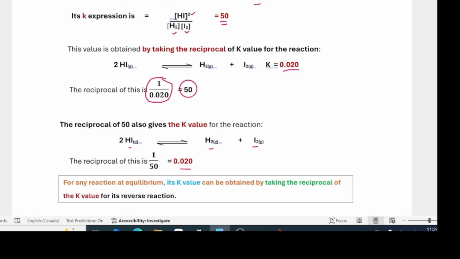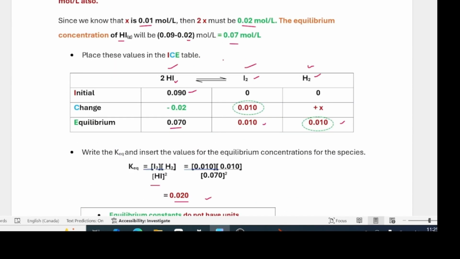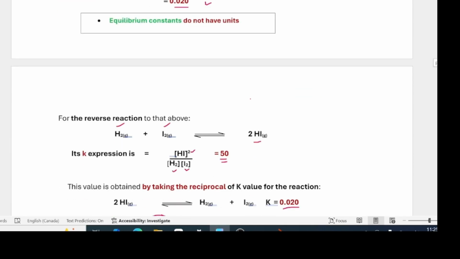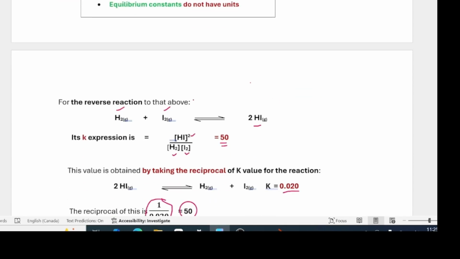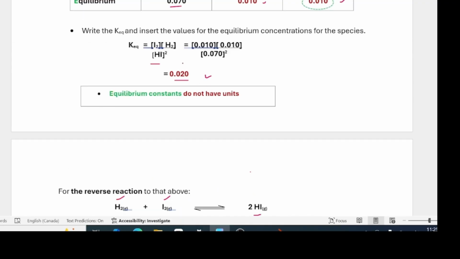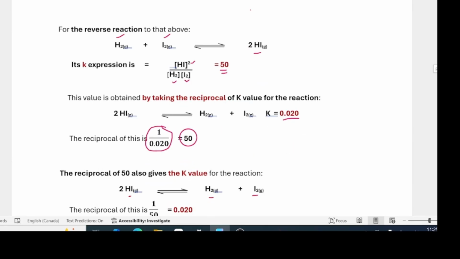So what is the point to be made? If you have a reaction going in that direction, and you found its equilibrium constant, and you wanted to know what will be the equilibrium constant for the reaction going in the reverse direction, you take the reciprocal of that, and that provides the equilibrium constant.